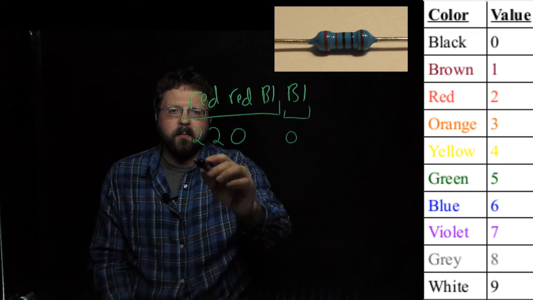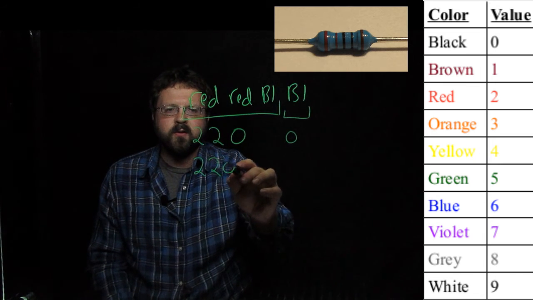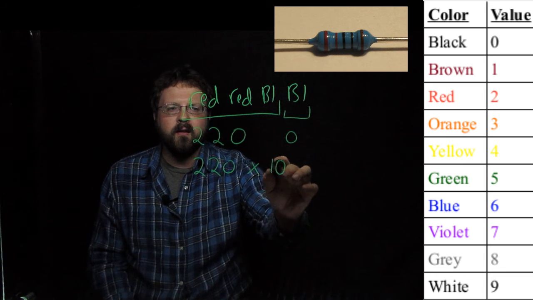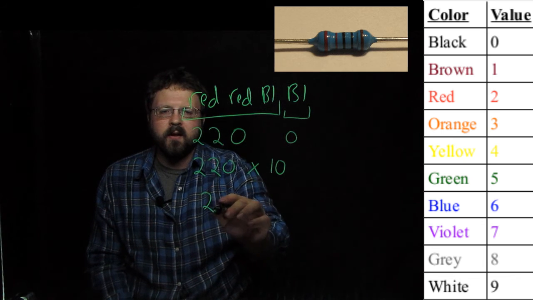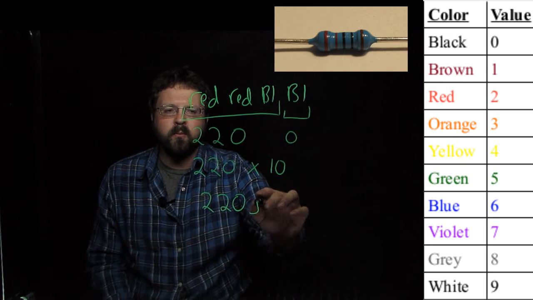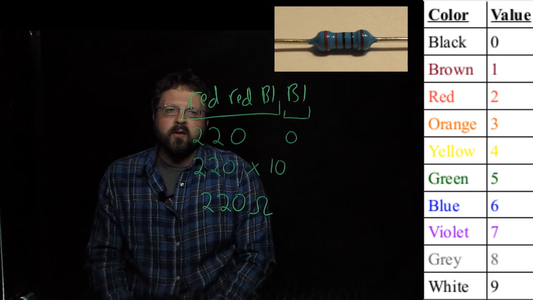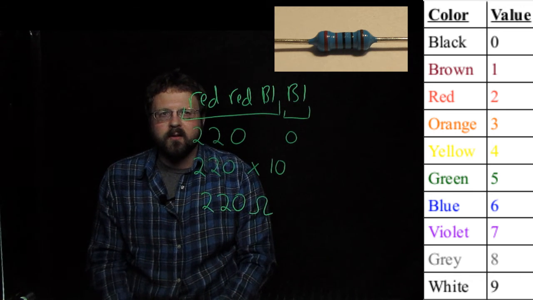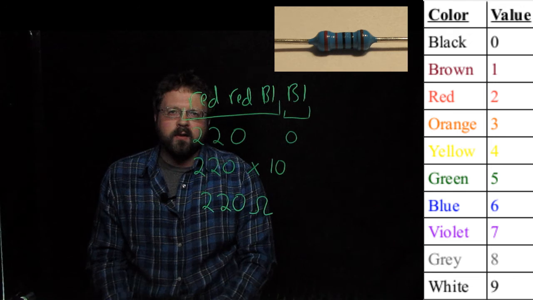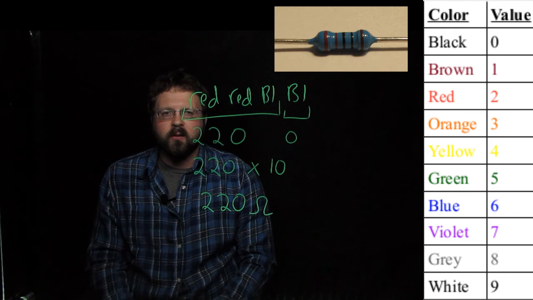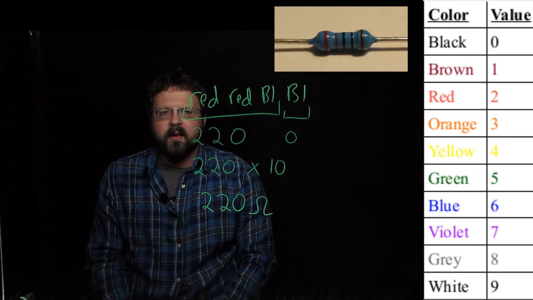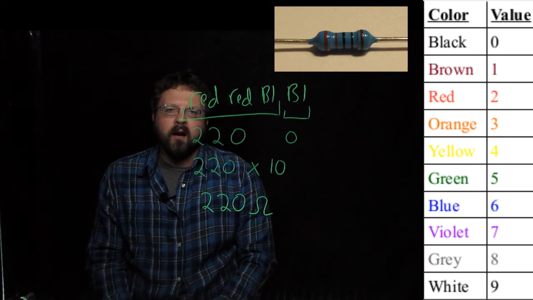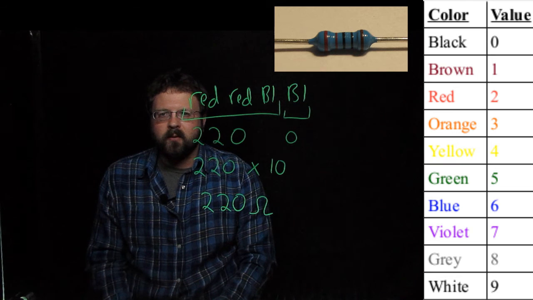So this follows the same pattern, so 2, 2, 0 times 10 to the 0 power. Of course, 10 to the 0 power is 1, so this is simply a 220 ohm resistor. So this is how you read the 4-color resistors, and again, these are usually in blue packages to distinguish them from the 3-color resistors in the brown package. And again, there's really that extra color at the end that indicates the tolerance of the resistor, and so we won't really worry about the tolerance for right now.